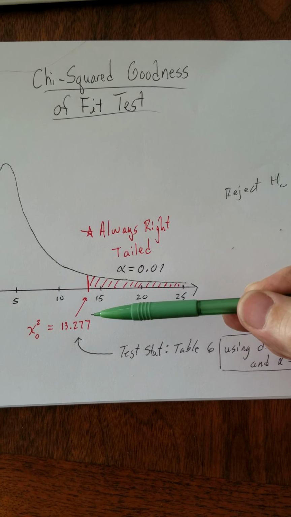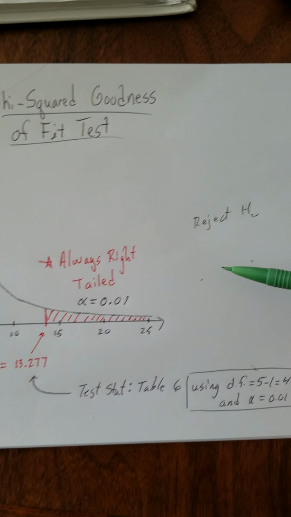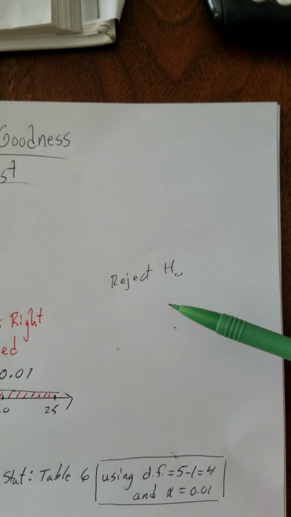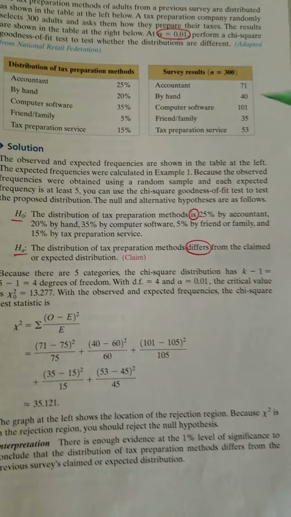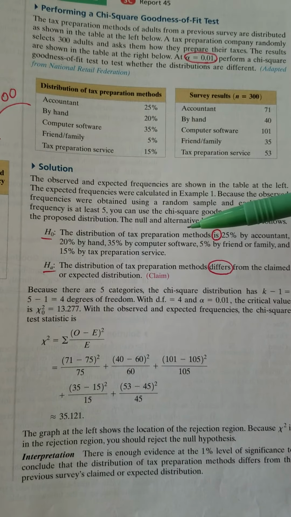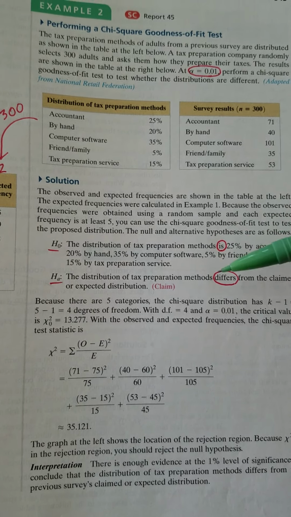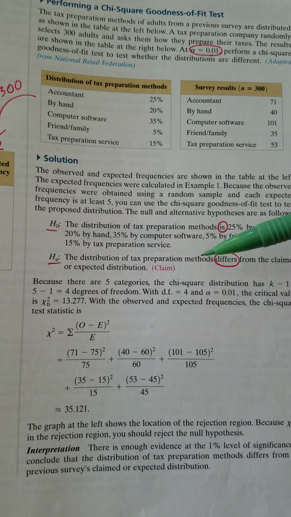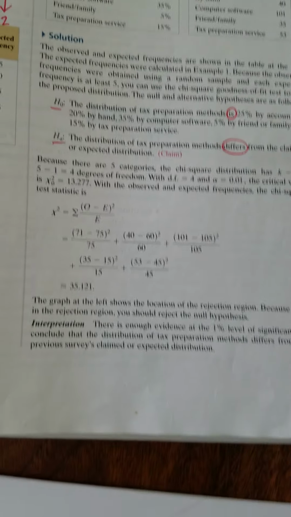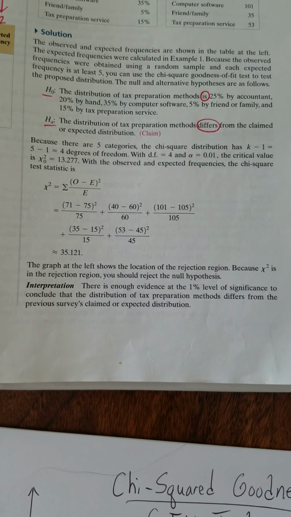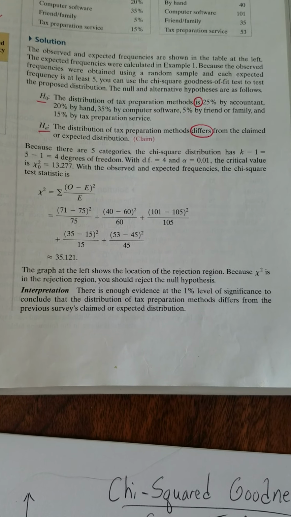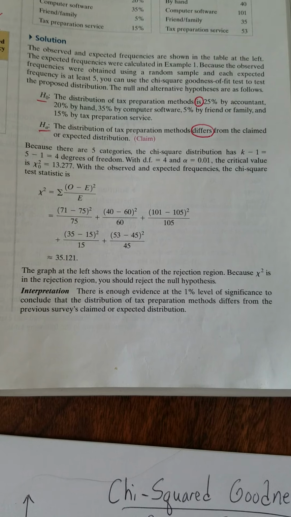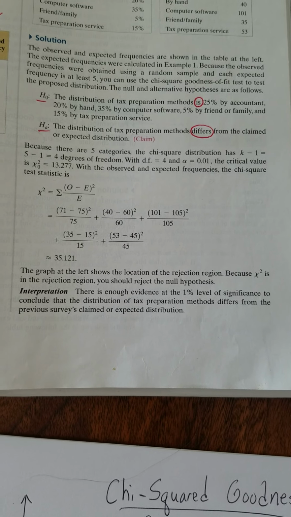We get our test stat, 35, it's way up here. We're going to reject the null hypothesis. What does that lead us to? We're rejecting this, which means we're okay with this, that there is a difference. That's the claim. So you'll see in their interpretation, there is enough evidence at the 1% level of significance to conclude that the distribution differs.